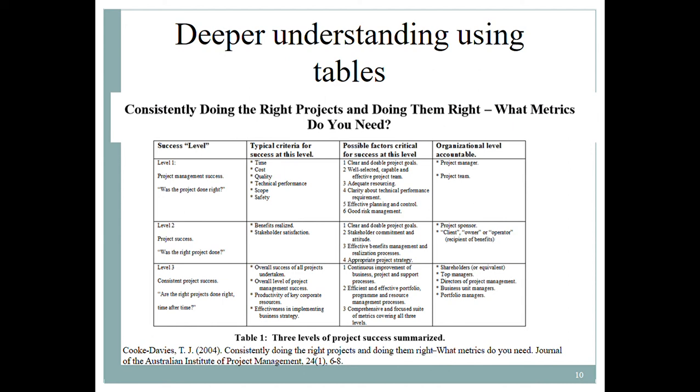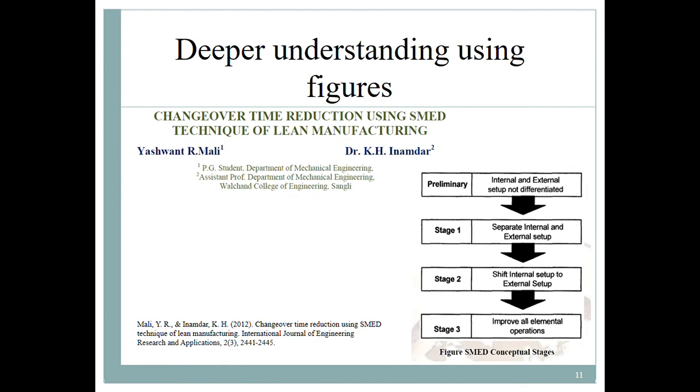For example, sometimes you look at the figures. Here is another paper, and this paper is about applying SMED, or single minute exchange of dies, applying this principle in lean manufacturing. For the people who know lean manufacturing, this will be very easy. So if you look at the figure, SMED conceptual stages, we have 3 stages.